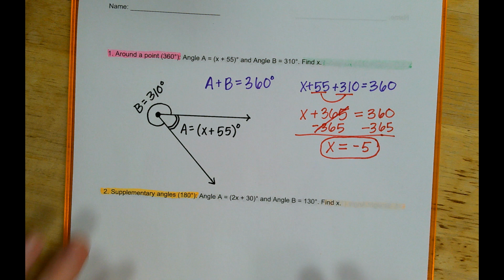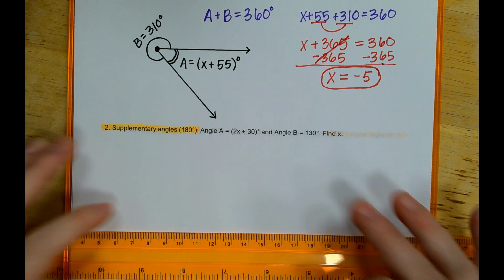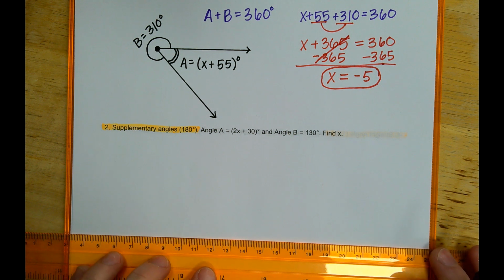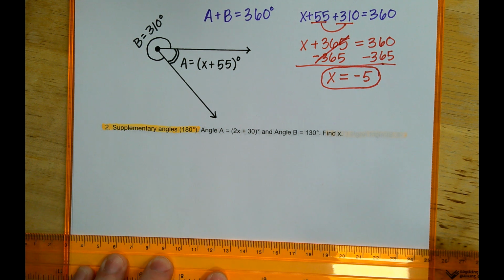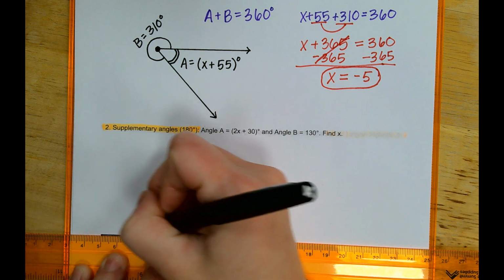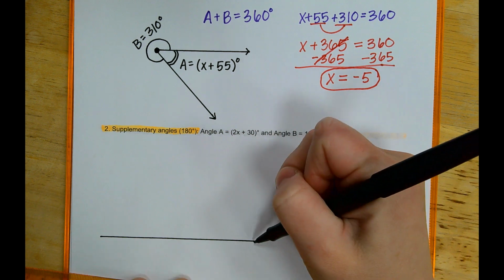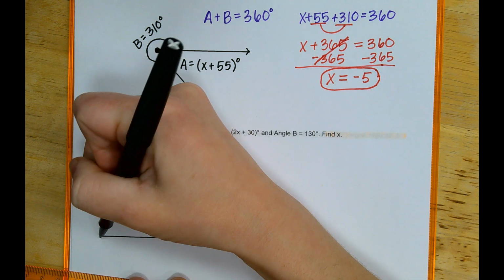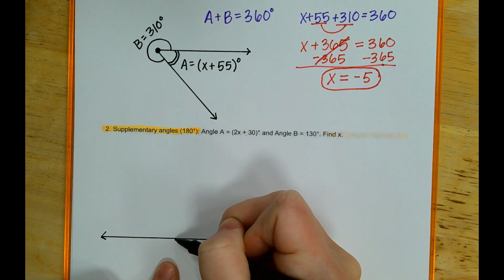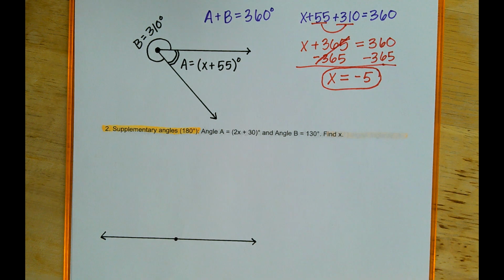We want to make a straight line with arrows on both sides because we want our two angles to add up to 180, which is going to give us that straight angle. So here we go. And I'm going to put my vertex somewhere in the middle, like that.